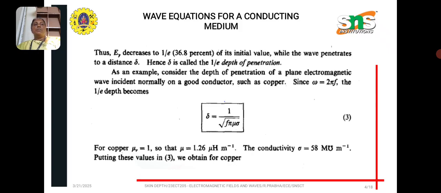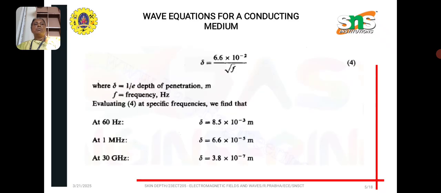And putting these values in equation 3, the skin depth equation, we get for copper the skin depth del is equal to 6.6 into 10 power minus 3 by root f. And this del, equal to 1 by e, is known as depth of penetration in meters, and f is the frequency in hertz.